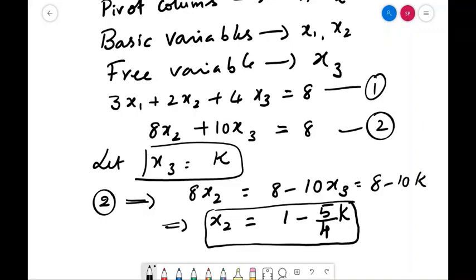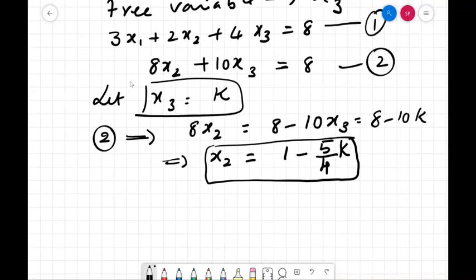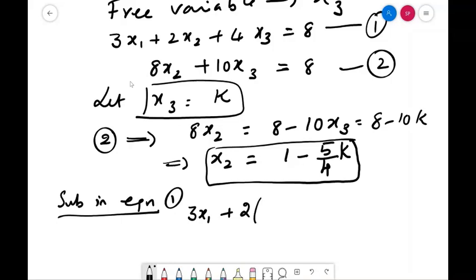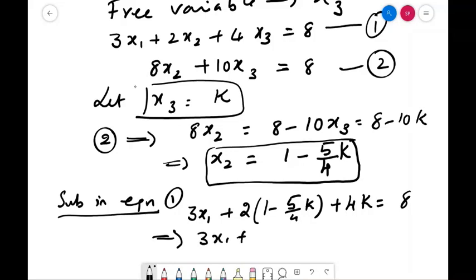Now what is the other variable remaining here? x1. So substitute these x3 and x2 values in equation 1. Then I get 3x1 plus 2 into (1 minus 5 by 4 k) plus 4k is equal to 8. Expanding, 3x1 plus 2 minus 5 by 2 k plus 4k is equal to 8.